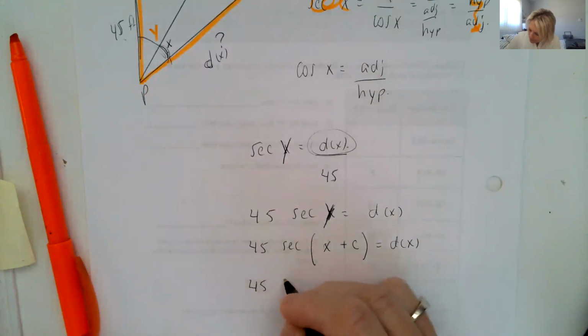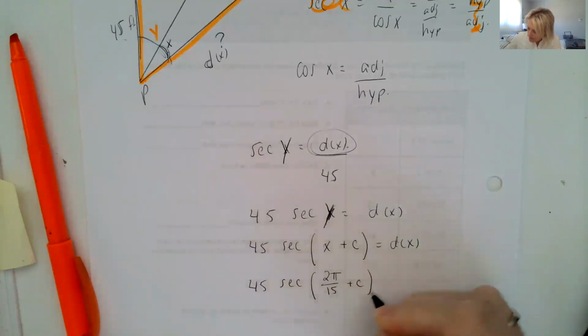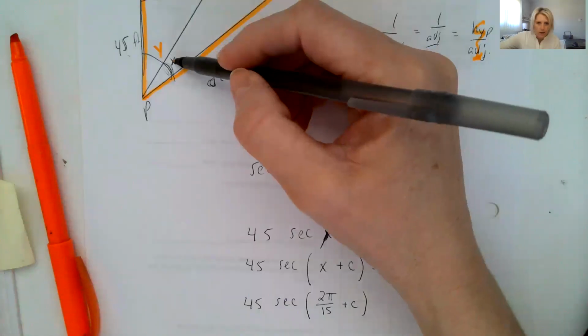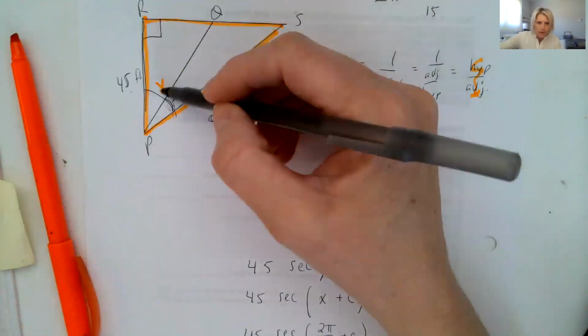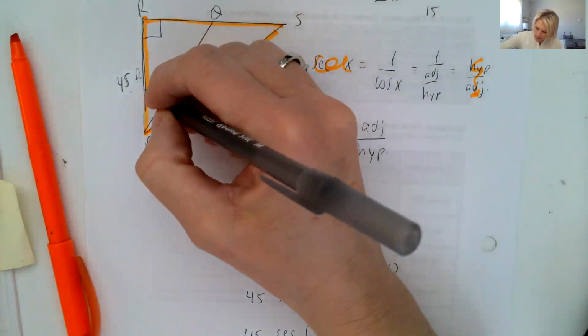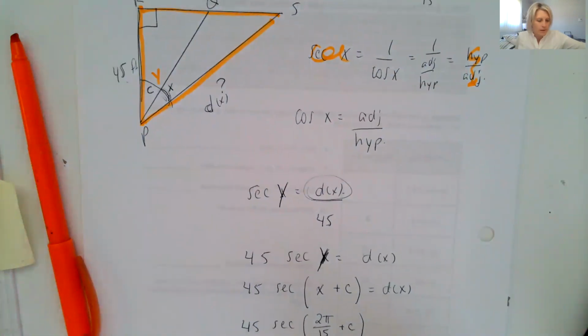So we have 45 times the secant of, well, we know x is 2 pi over 15, and we have to figure out c. We have to figure out this little additional c here.